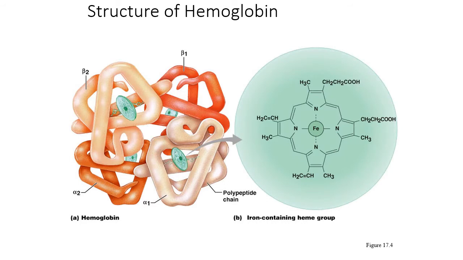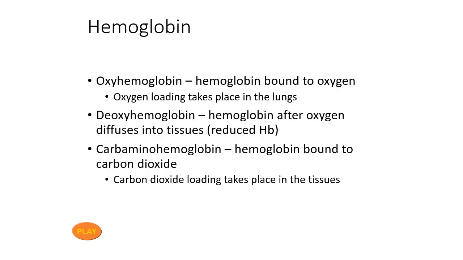So here we have our 4 proteins, 2 betas, 2 alphas, and then an oxygen is going to come along here and bind to each one of the irons in the center. So it's going to be able to bind to that and allow for that transport.